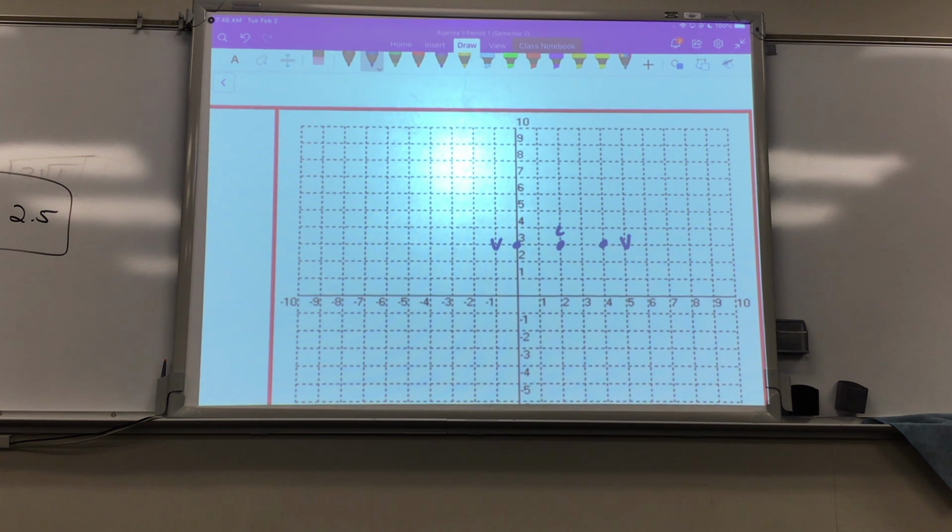What always went through the vertices? The two branches, right? In a hyperbola. So if the vertices are left and right, that means the graph is going to open left and right, isn't it? Since it's opening left and right, which variable comes first? X or Y?